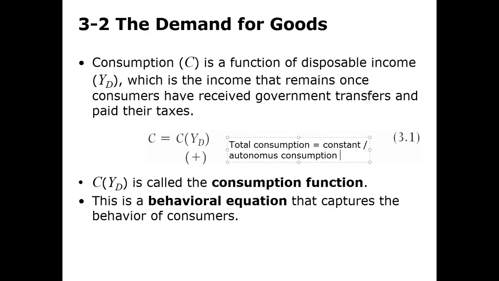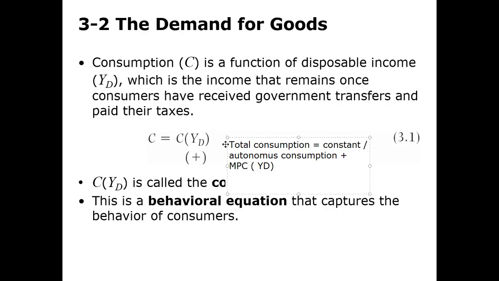Autonomous consumption is a fixed amount of consumption that I have to buy for food and services. And it is highly affected by the marginal propensity to consume, the slope, my tendency to consume with respect to my disposable income.